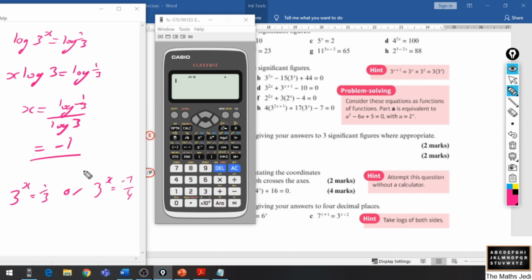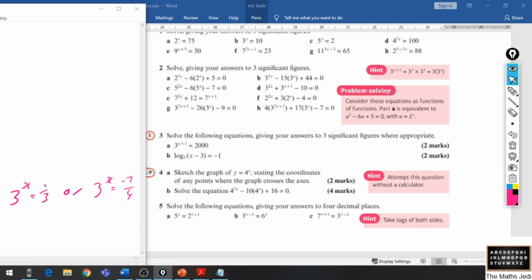So that's this one. Of course we knew that. So minus 1. We don't bother doing this one because we know there's no power of 3 that can give you minus 7 over 4. You can't get a negative outcome from a power, so that is something that we can just straight away say is not going to produce any values. So my value in the end was x equals minus 1.